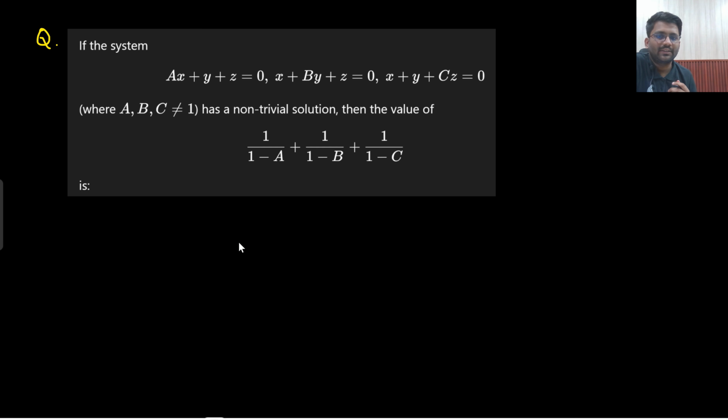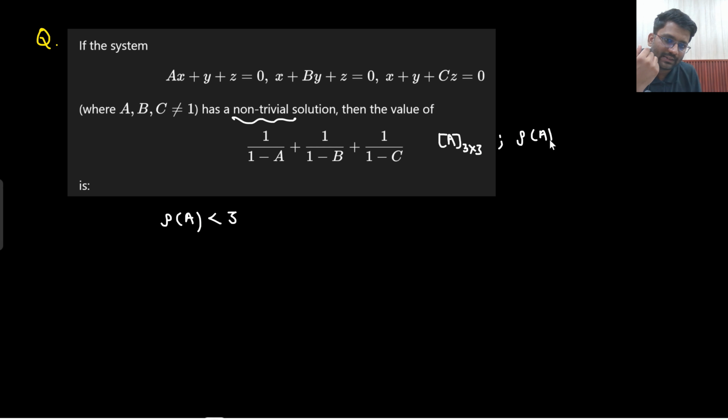ax plus y plus z, x plus by plus z, x plus y plus cz equals 0 having a non-trivial solution. What does that mean? Rank of A should be less than the number of variables, 3. And A will be a 3 cross 3 matrix, which I can directly see, having a rank of A less than 3.